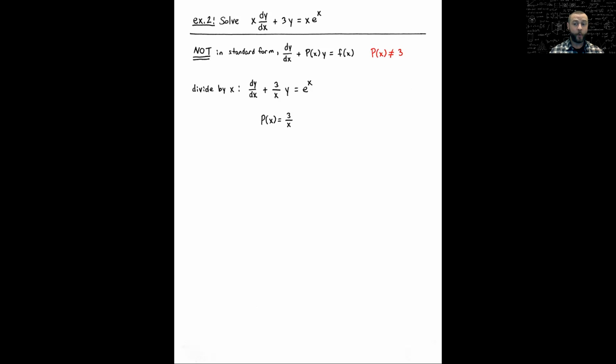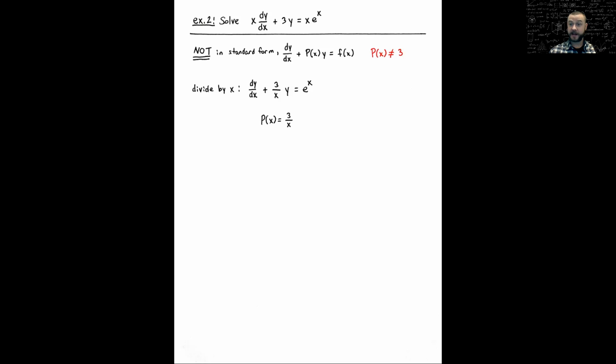Now, 3 is the quantity multiplying y, but this differential equation is not written in standard form. So to put it in standard form, we would divide the whole equation by x. X is what's multiplying your derivative term. Recall standard form, you only want 1 multiplying your derivative term. And that changes p of x from not being 3, that's the incorrect version for what students might identify p of x as, but correctly, p of x would be 3 divided by x.